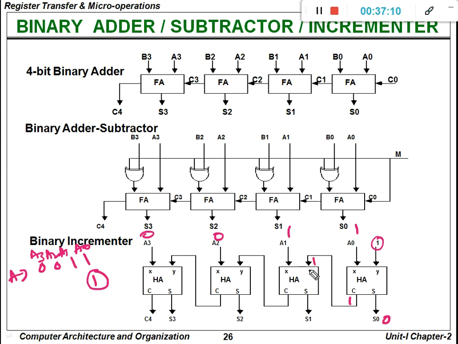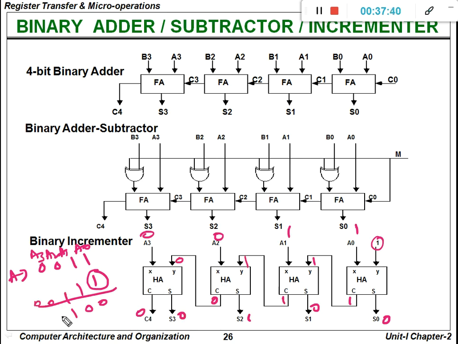Then 1 plus 1, this is 1 0. Then once again 1 plus 1, 1 0. This one will be moved here. 0 plus 1 is 1, or we can say 0 1. Finally 0 plus 0 is 0, and carry is 0.